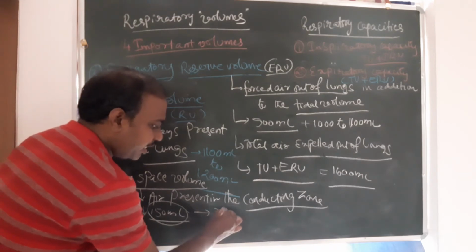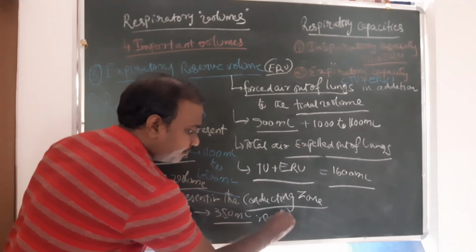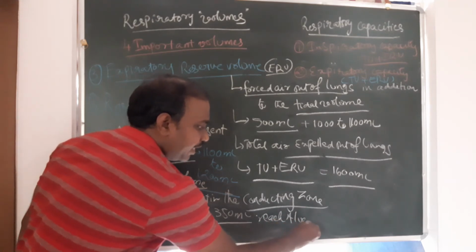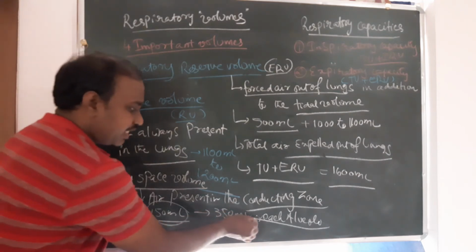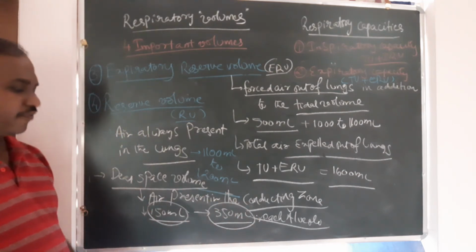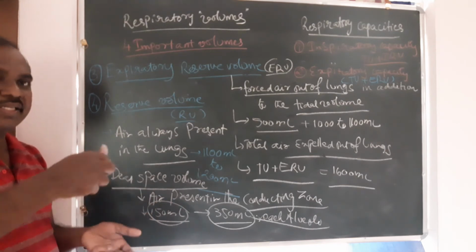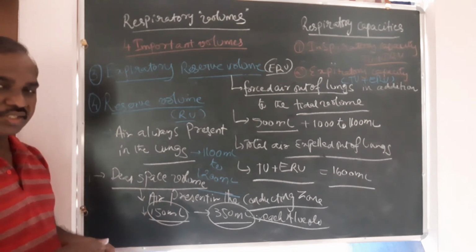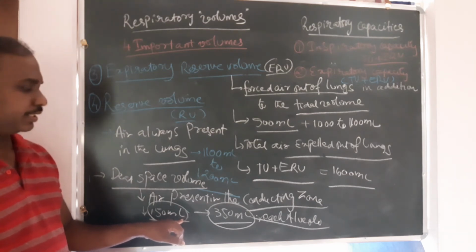Actually 350 ml reach the alveoli, right? So the functional value that is reaching the alveoli is just 350 ml, and 150 ml is lost in the conducting pathway.